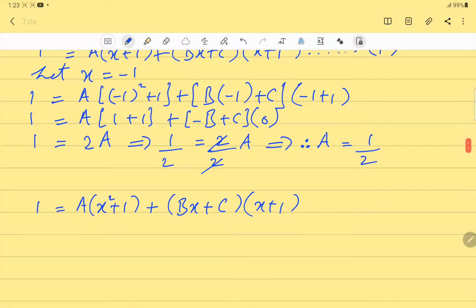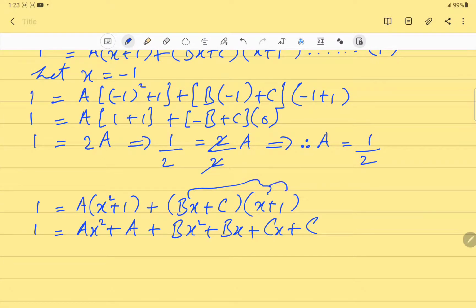Let us solve this. So 1 is equal to Ax squared plus A plus bx squared plus bx plus cx plus c. First we multiply this one with these two one by one, and then same thing we did with this one.